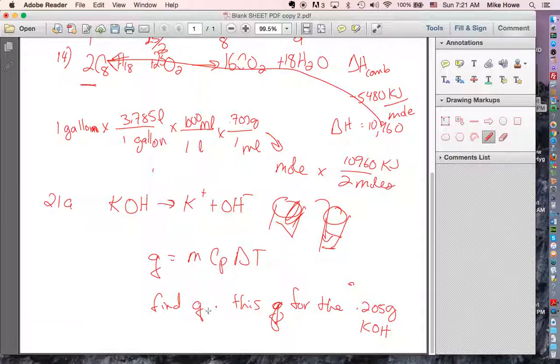So once you know the Q for the 0.205, I'm going to go back over here because I'm out of room on this page. Change that into moles.